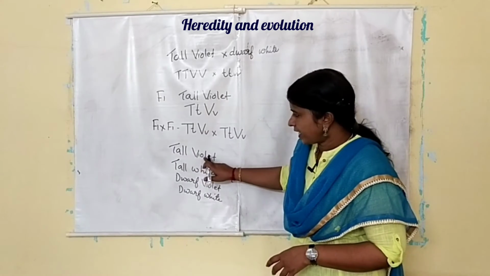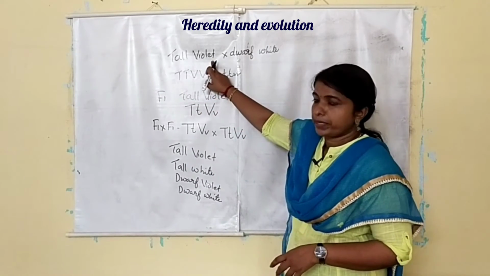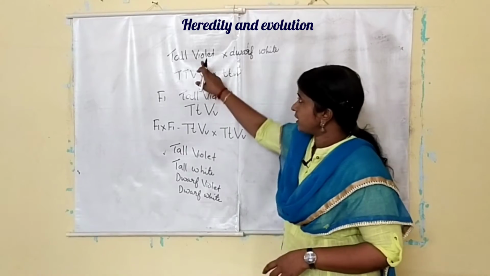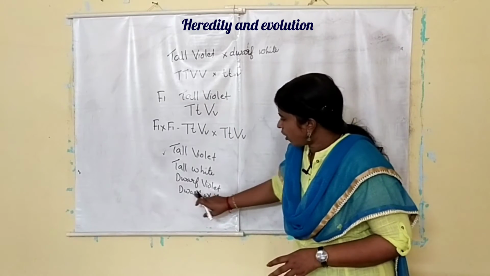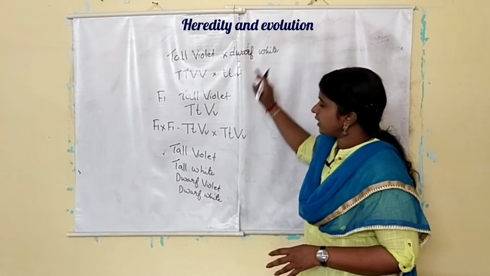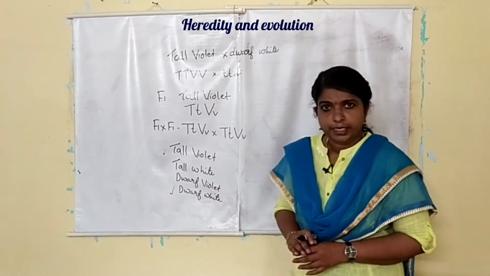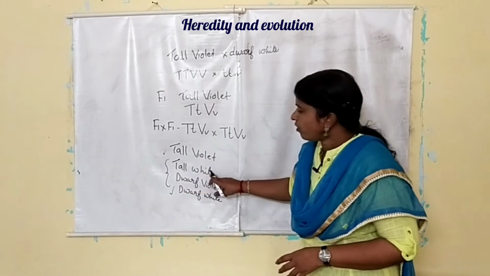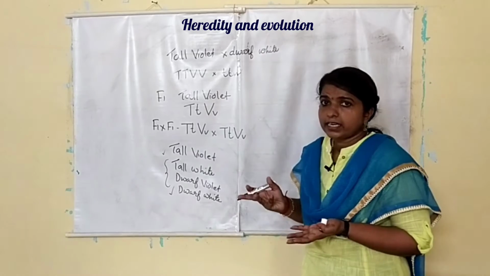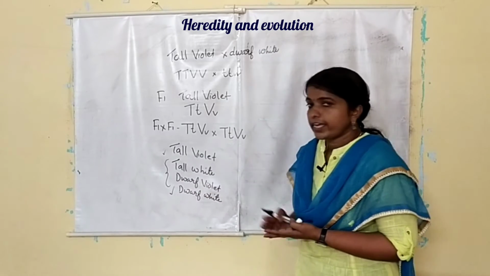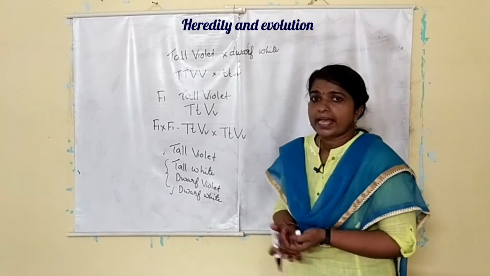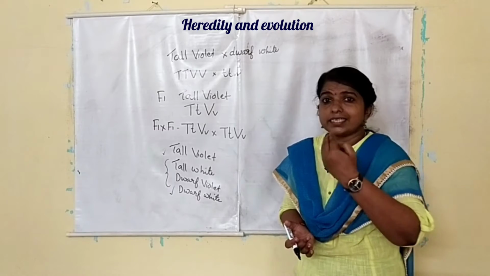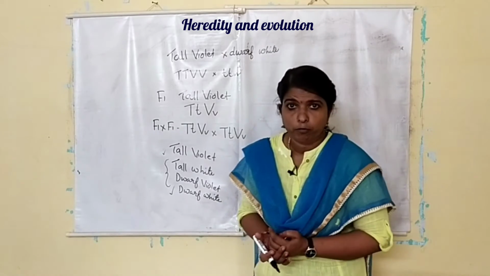Here tall violet is a parental combination. Dwarf white is another parental combination. But what about these two? Tall white is not there in the parent. Dwarf violet is also not a parental combination, but these characters were also formed.